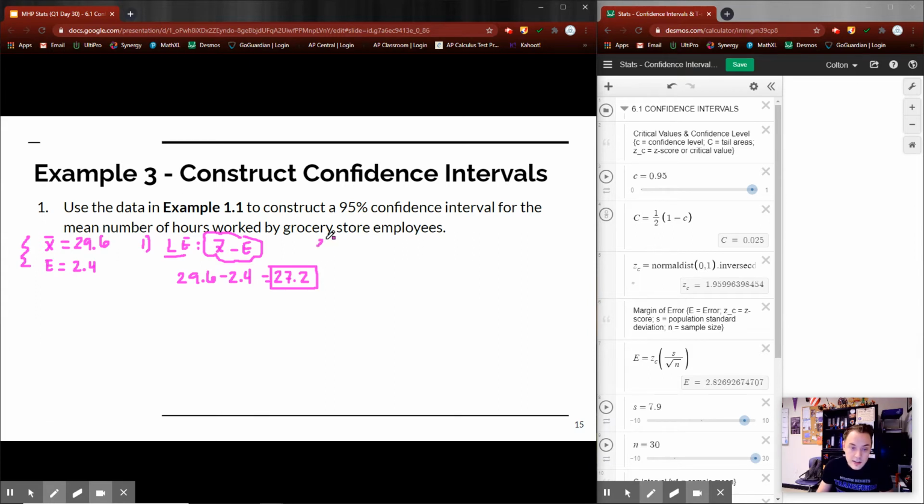Second, my right endpoint. How do I find my right endpoint? That's going to be my x bar, my sample mean, plus my margin of error. So my x bar was 29.6 plus 2.4. When I add those two together, I actually get 32 exactly. So that is my right endpoint.